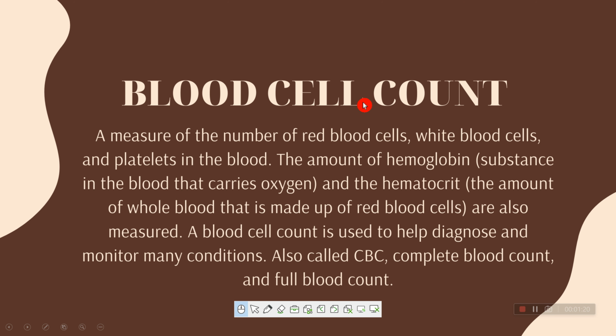So what is a blood cell count? We need to understand this at the very first, what is actually a blood cell count. It is a measure of the number of red blood cells, white blood cells and platelets in the blood. As we are all aware, we have discussed the composition of blood in the previous video, named blood.